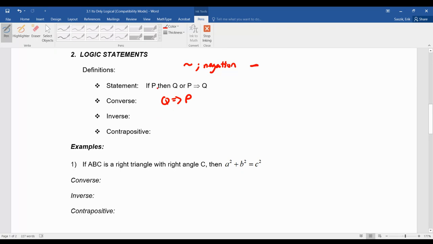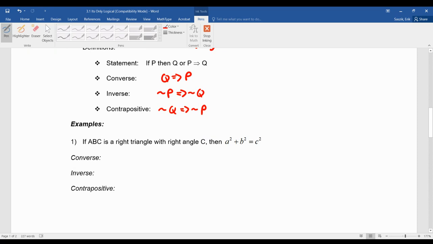So instead of if P then Q, it would be if not P, then not Q. Okay? And then the contrapositive is a double whammy. We're going to take the original statement, we're going to flip it around and not them both. So this would be if not Q, then not P. All right?